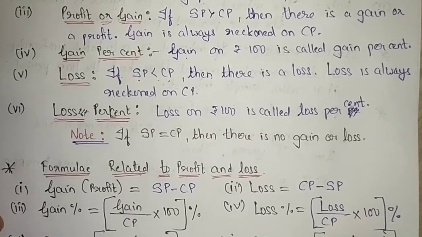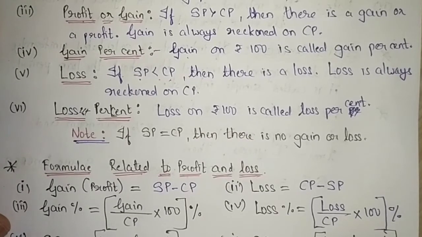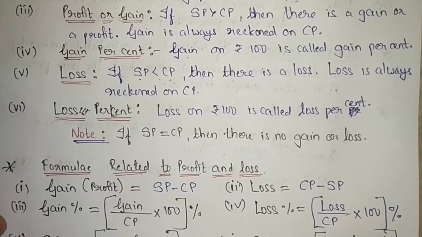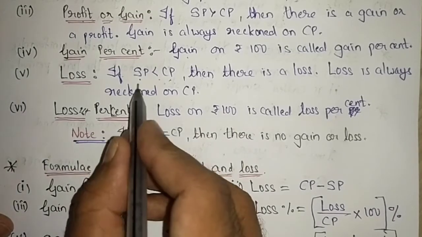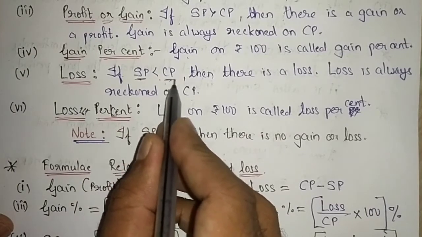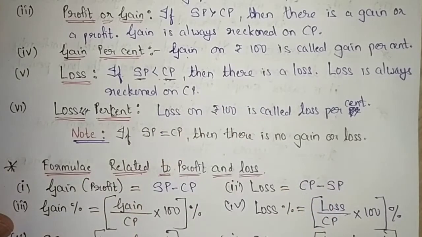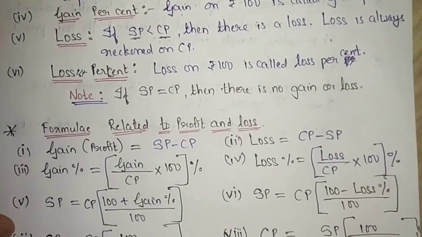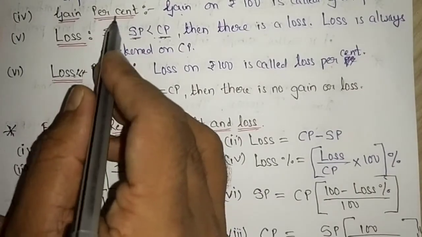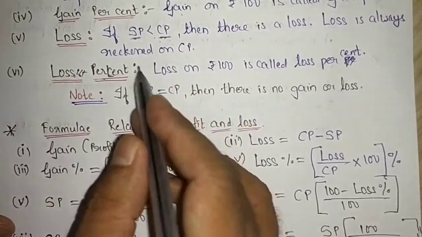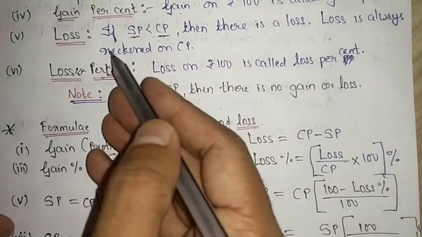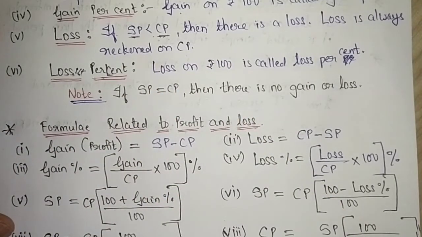Suppose, in some case, I had to sell it for less than that price, that is 5 lakh something. So my selling price will be less than my cost price, so it will be a loss. Loss percentage is the same as the gain percentage. Whatever the loss we have, the percentage on it is called loss percentage.